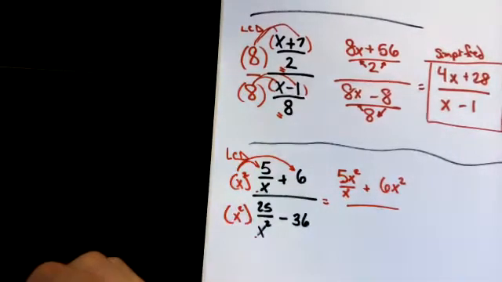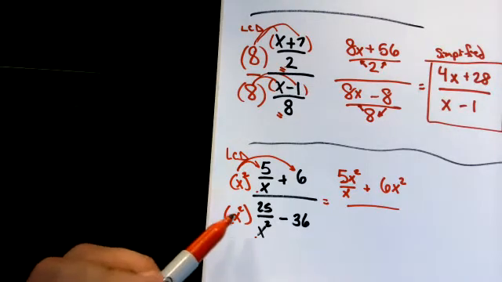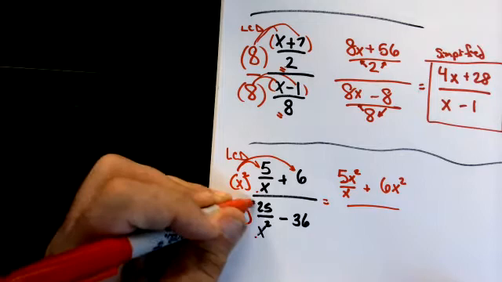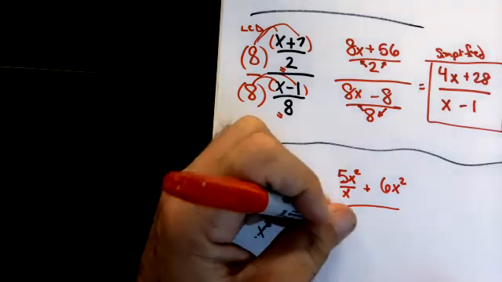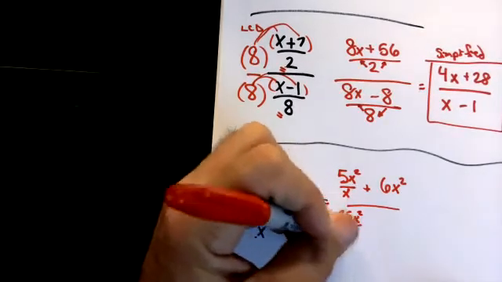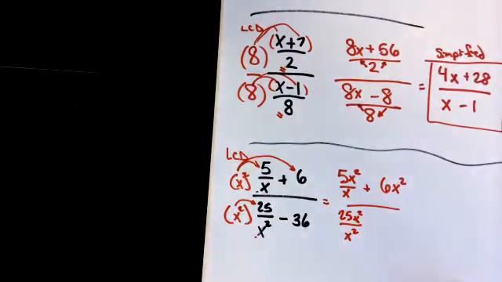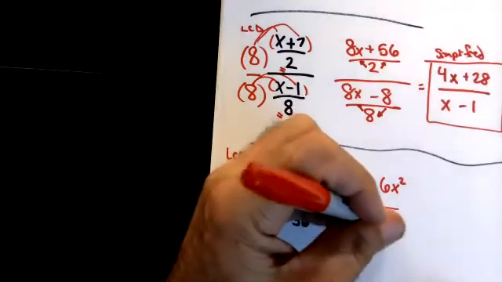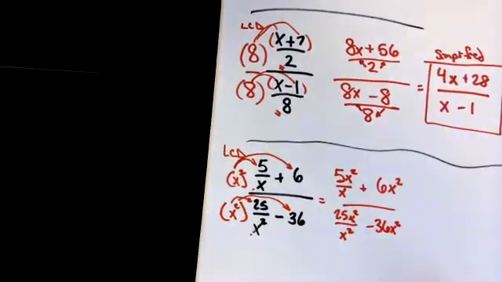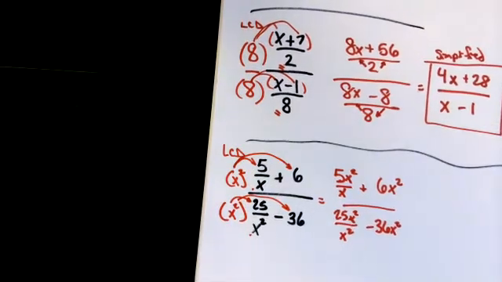Should catch back up. Okay. Same thing. If we multiply x squared times 25 over x squared, we get 25x squared over x squared, minus 36x squared.